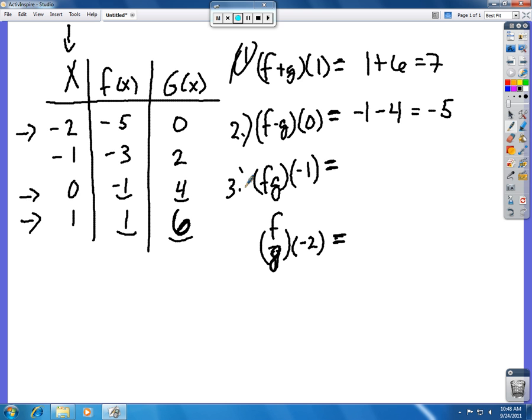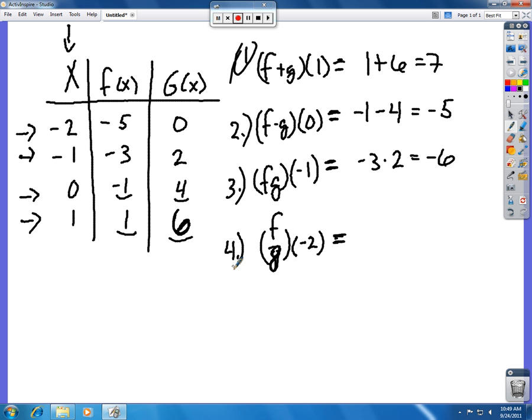Okay, let's look at number 3. We have f times g of -1, so that's just going to be f of -1 times g of -1. So come to where x is equal to -1, and we have the outcomes of -3 and 2, so we're just going to multiply those two together. So -3 times 2, that's going to be -6.